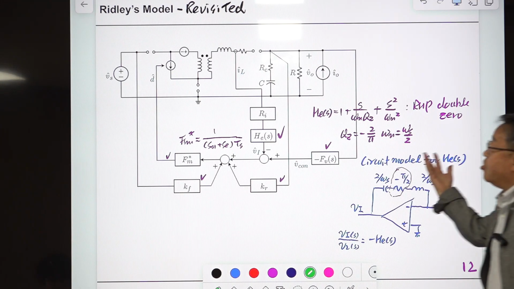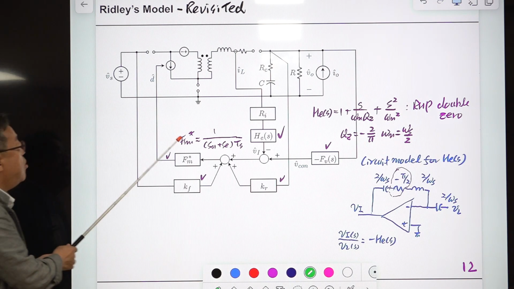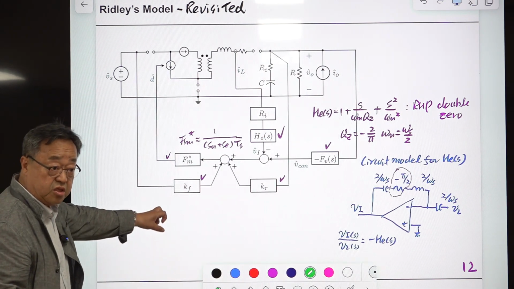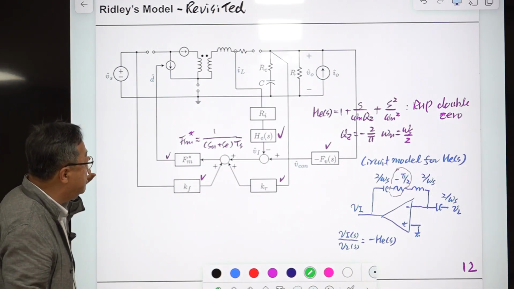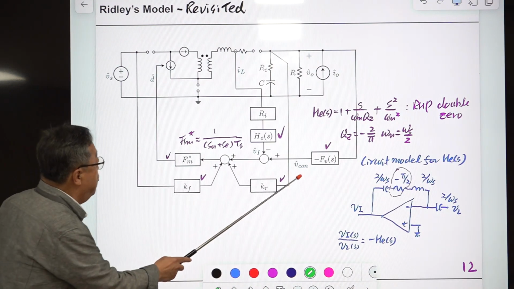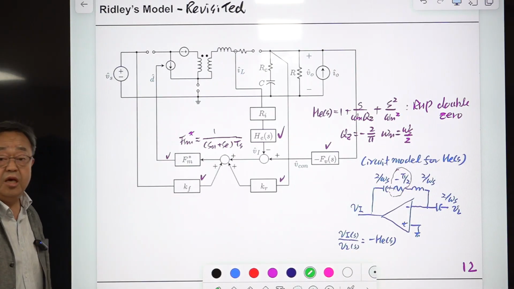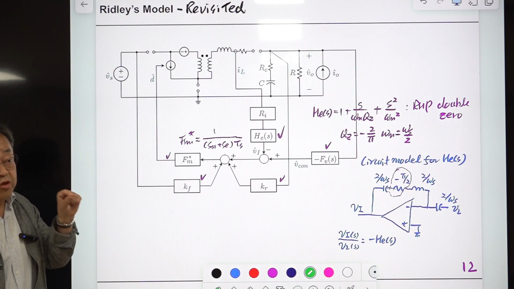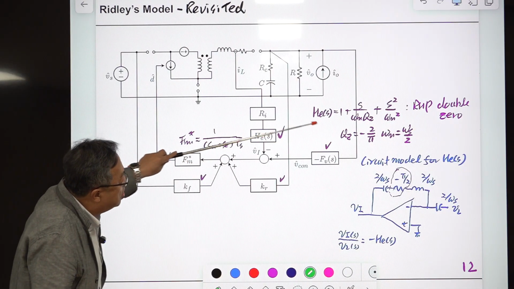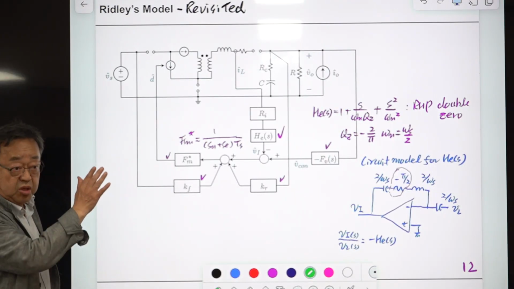So this is the final form of this model, and we know this HES smears into the dynamics of this system, and later on it emerges as the double pole in the transfer function from here to there at half the switching frequency with positive quality factor. So this RHP zero in here somehow becomes an LHP double pole in the control to output transfer function.